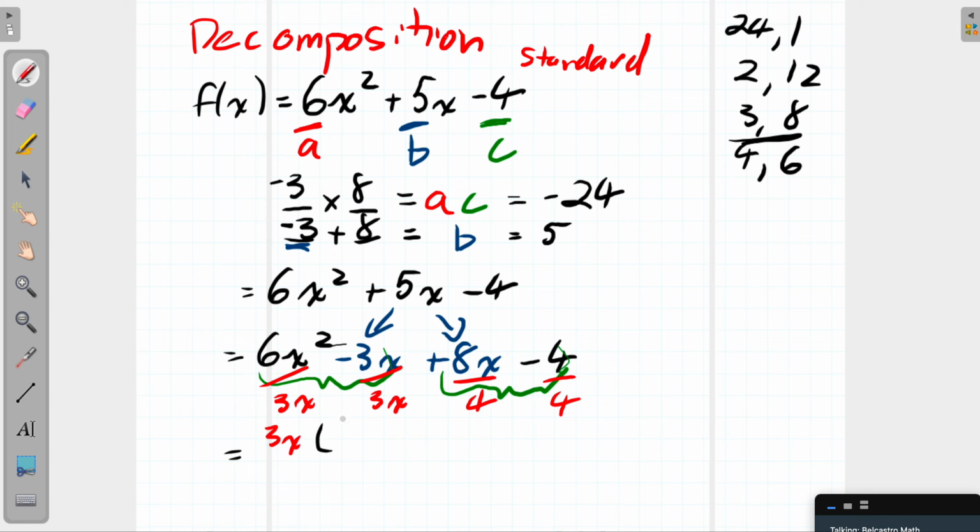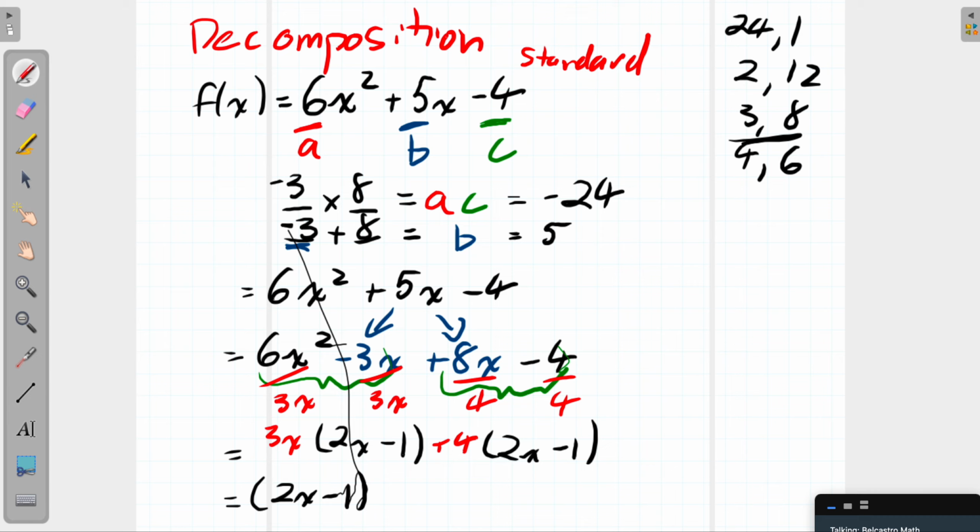We end up with 6x squared divided by 3x gives you 2x, and -3x divided by 3x is -1. And here, +4 should be the common factor. When we divide, we get 2x minus 1. That works out. We common factor the 2x minus 1, and then the second bracket is 3x plus 4.